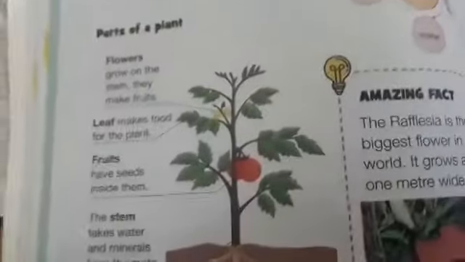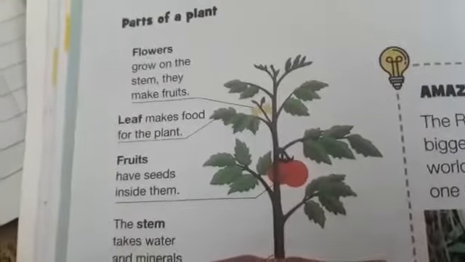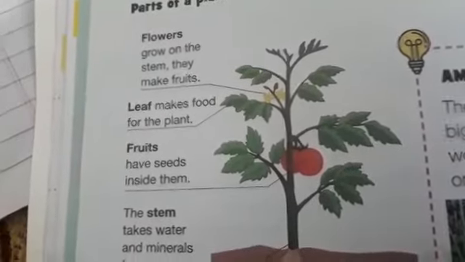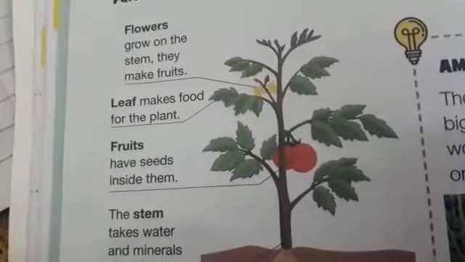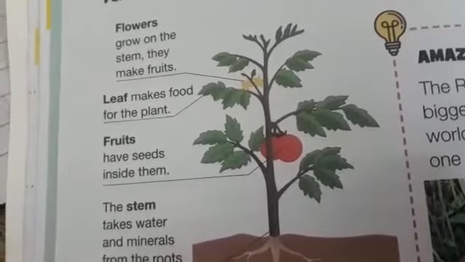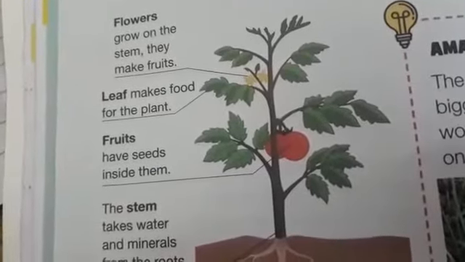Stem. This is the stem, and on the stem the flowers grow. They make fruits. Okay, leaf. The green part is the leaf, it makes food for the plant.